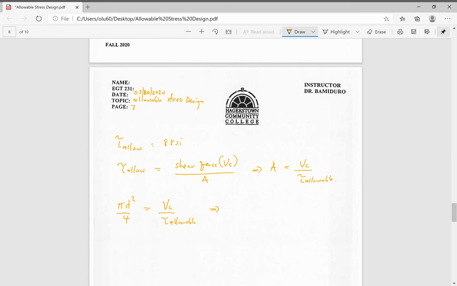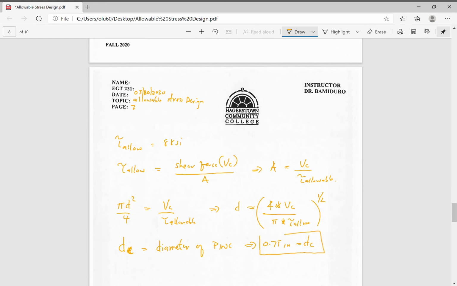We solve for D. Again, we get 4 times V sub C divided by pi times tau allowable, raised to the power 1/2. Our D sub C, the diameter of pin C, again, is going to give us 0.75 inches.